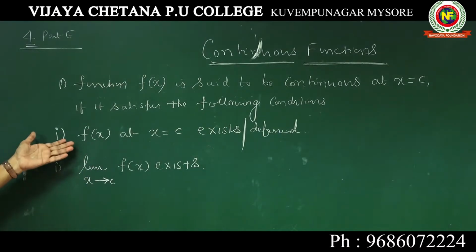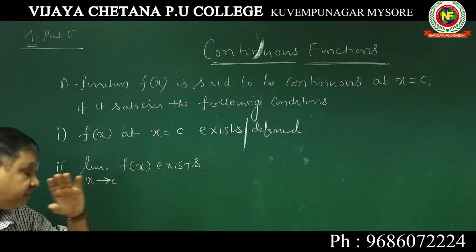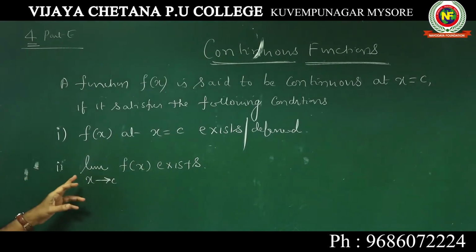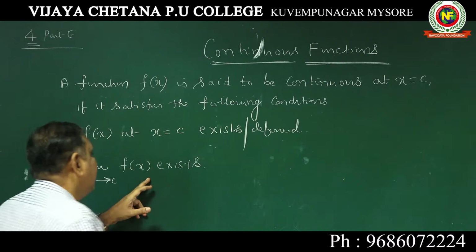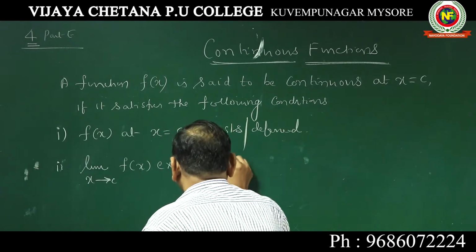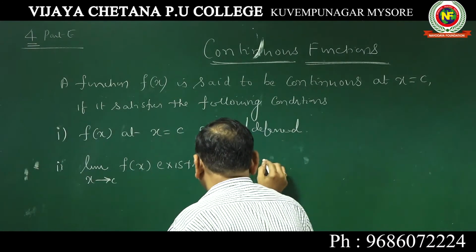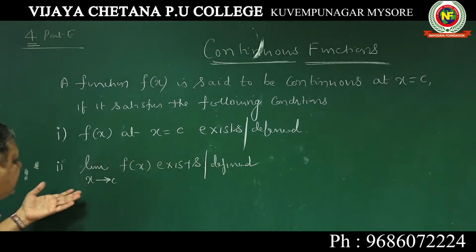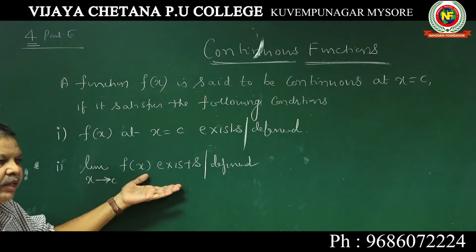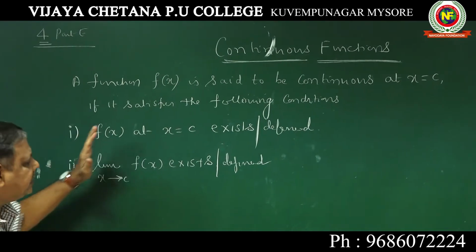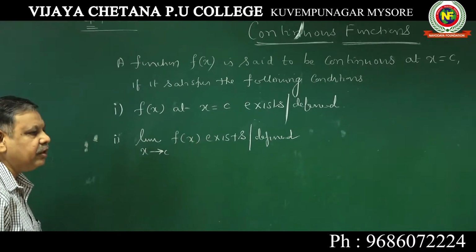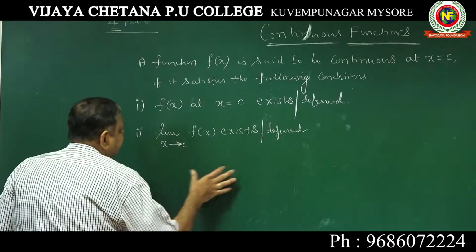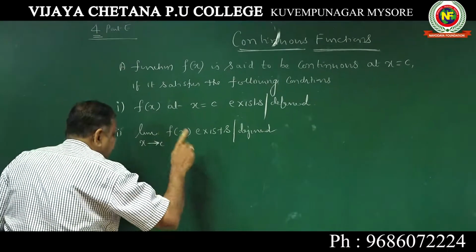First condition, f(x) at x equal to c exists, is defined, and limit as x tends to c of f(x) exists. That means what? You can say the limit as x tends to c of f(x) exists when the left hand limit is equal to the right hand limit. In some problems you have to prove the left hand limit is equal to the right hand limit, therefore this exists.